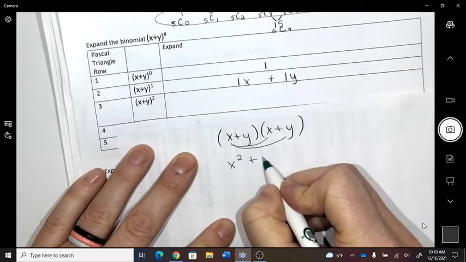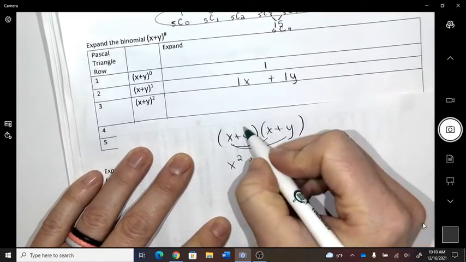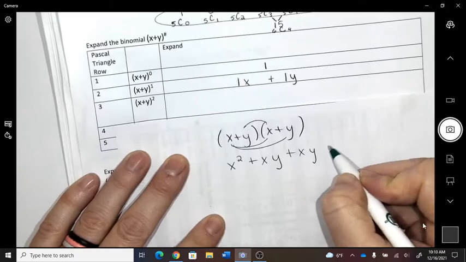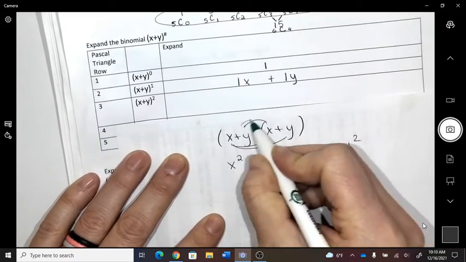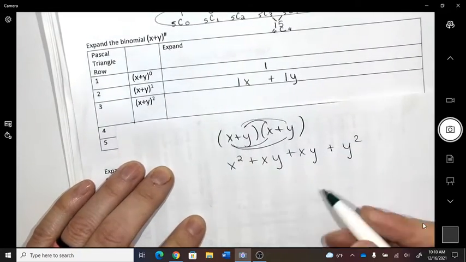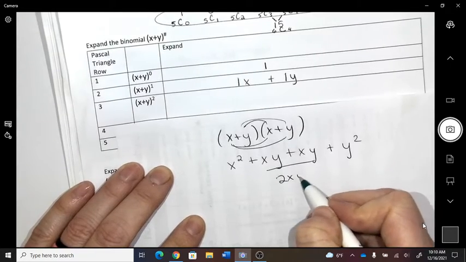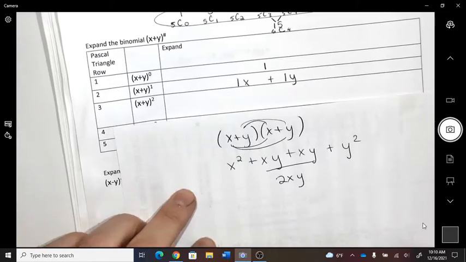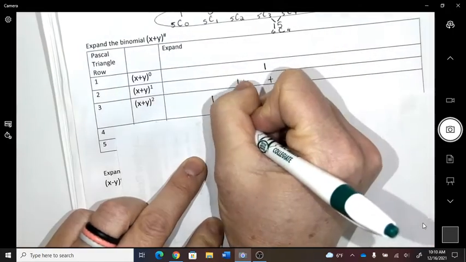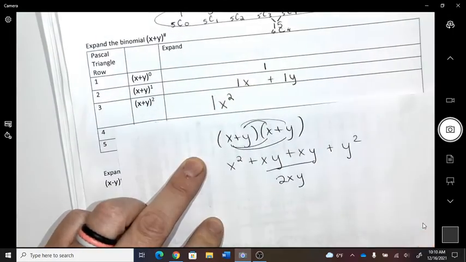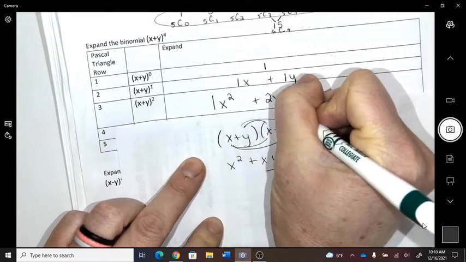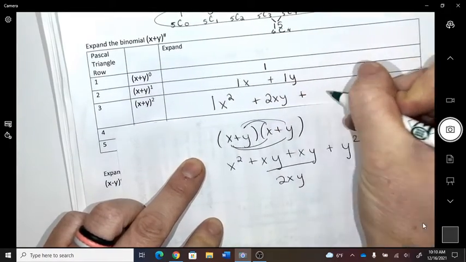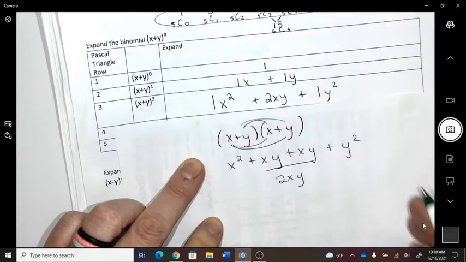You don't need to do this, you can just watch me. xy is the outside, xy is the inside, y squared is the last. Put those together, that's 2xy. Okay, so our answer is 1x squared plus 2xy plus 1y squared.